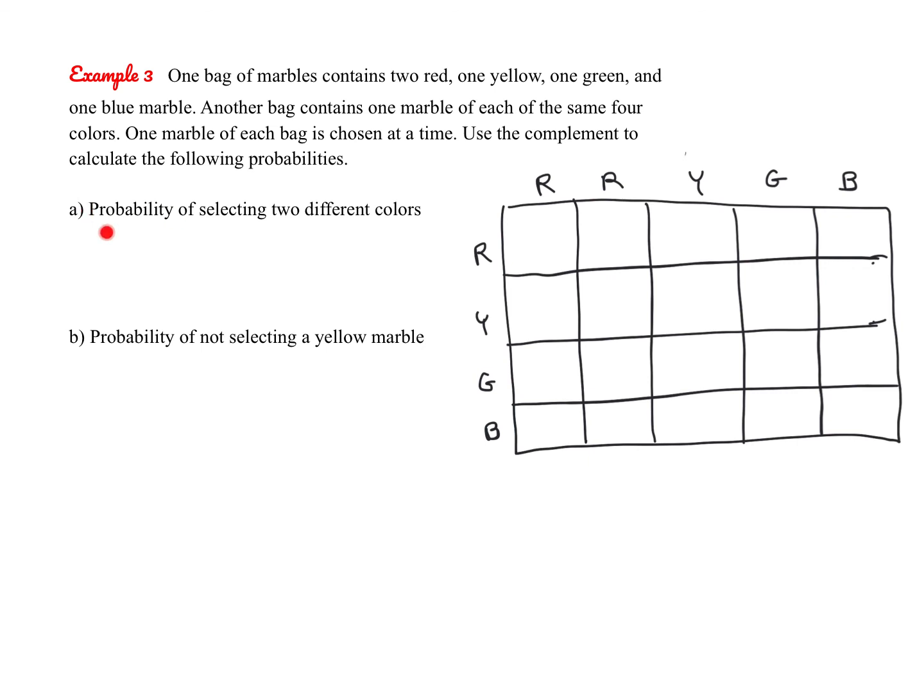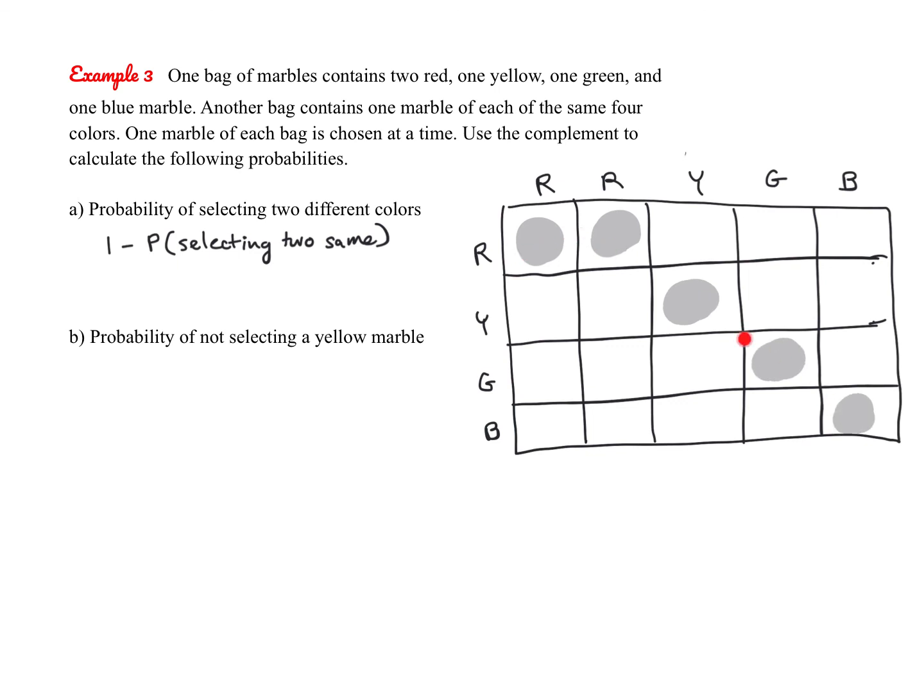For this first question, they asked, what's the probability of selecting 2 different colors? I would say we should just do 1 minus the probability of the complement, which is selecting 2 of the same color. We can see that there's only going to be a few times when it's the same color. I'll highlight it in gray. So here and here, those are our R's, and then there's this one, and this one.